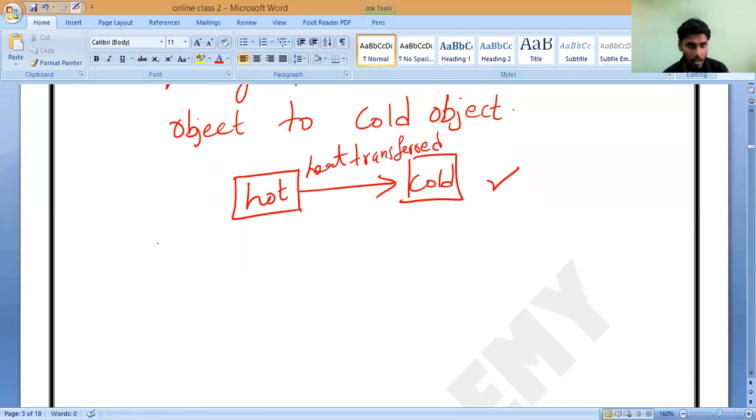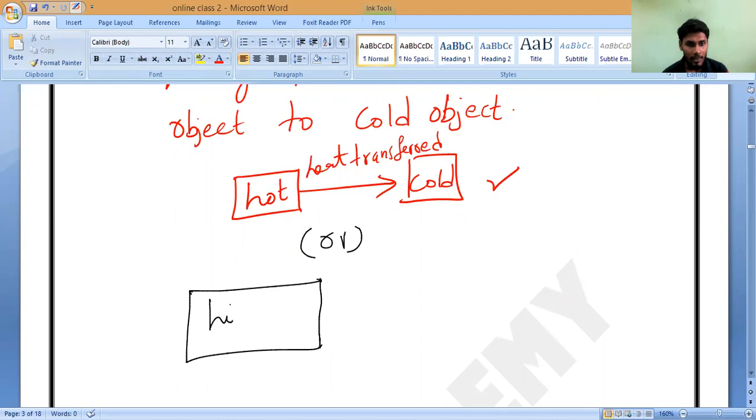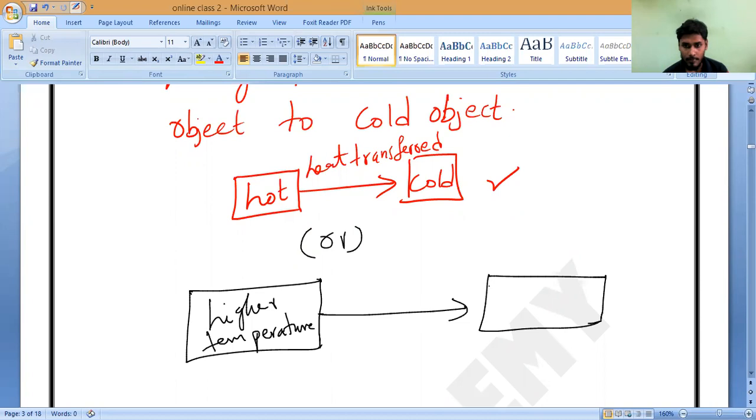So always remember, heat is transferred, or you can write it in the form of temperature. Understand? Heat is transferred from the body which has a higher temperature to the body with a lower temperature. Do you understand, Mari?